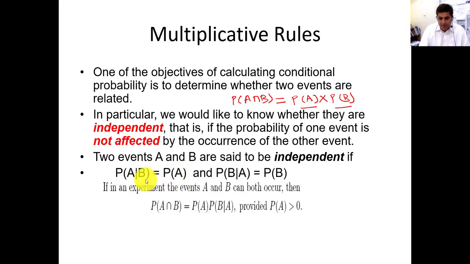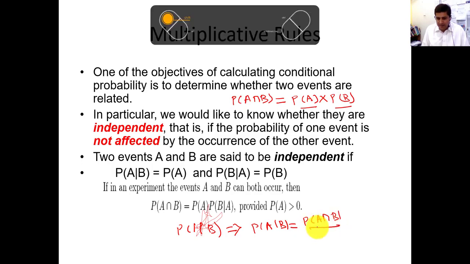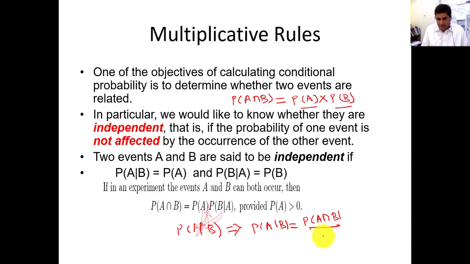How? Let me show you. Probability of A given B is equal to probability of A intersection B divided by the given probability. So how will we write this? Probability of A into probability of B divided by probability of B.